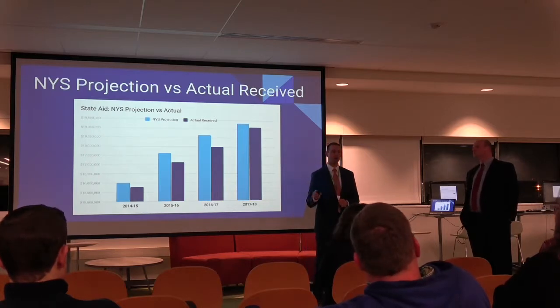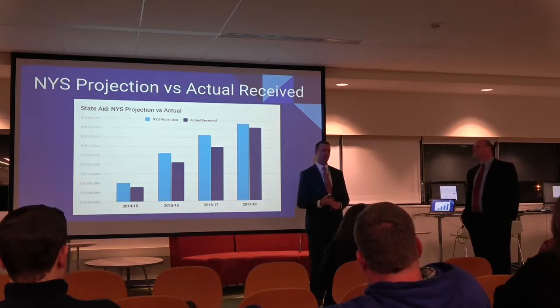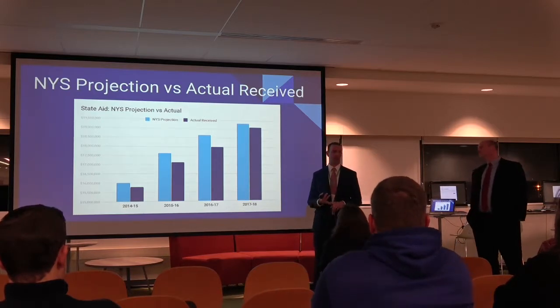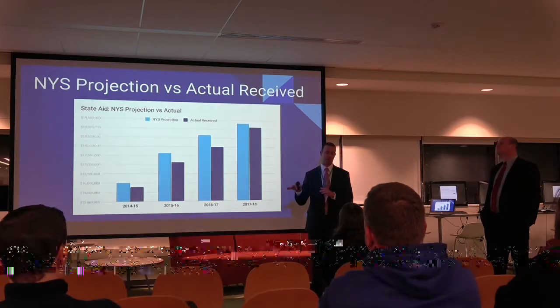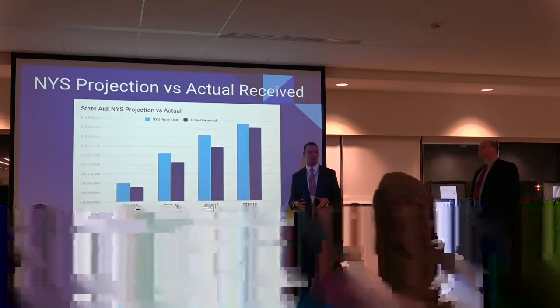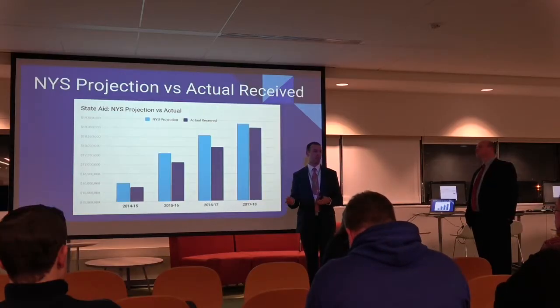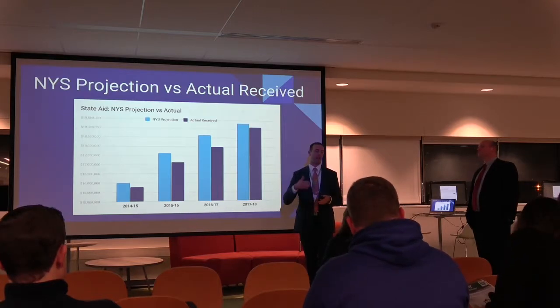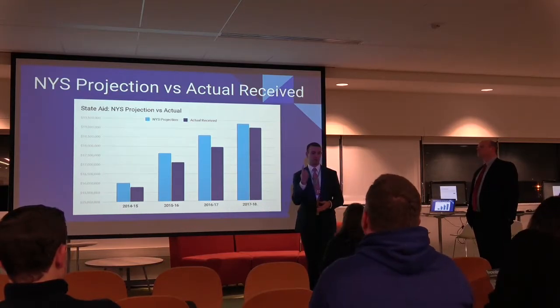Certain factors are accurate and others are not. So building aid, for example, looking at the governor's proposal, one thing that was included was the misclassification of one of our capital projects, and he included a full aid reimbursement in the first year.